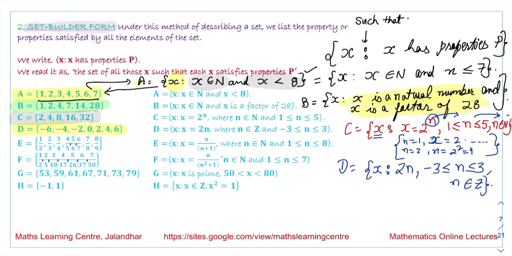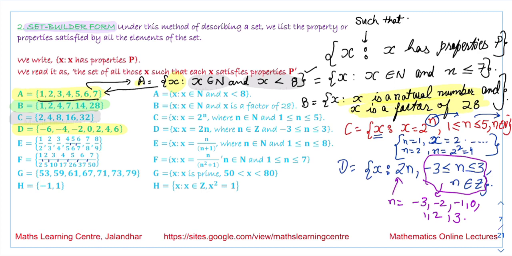So we are saying n is an integer from minus 3 to 3. n can have values minus 3, minus 2, minus 1, 0, 1, 2 and 3.